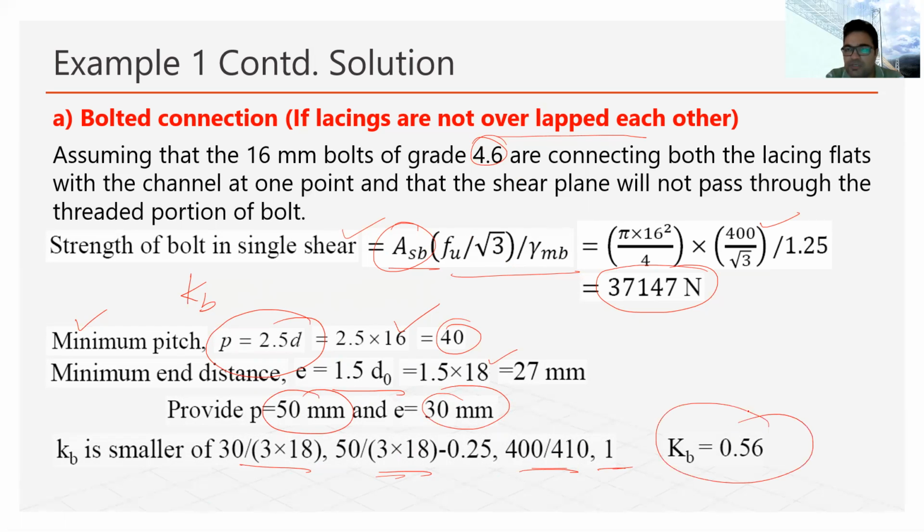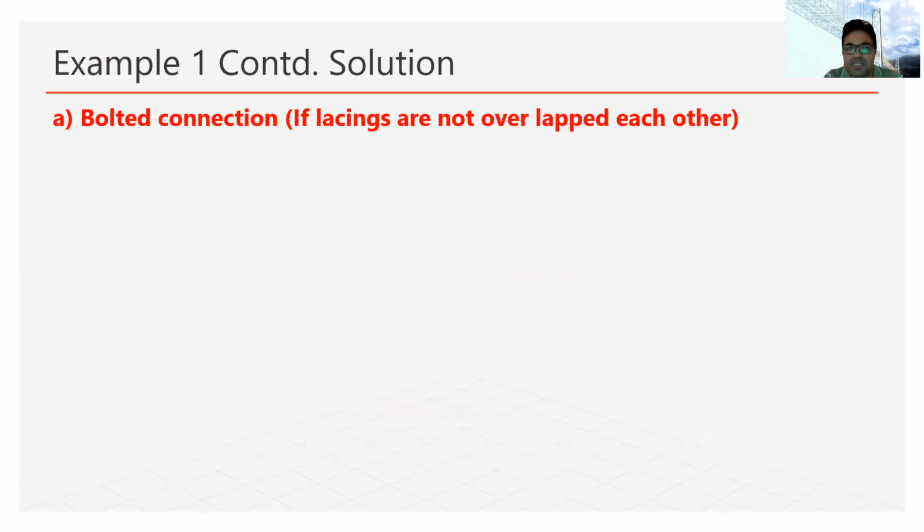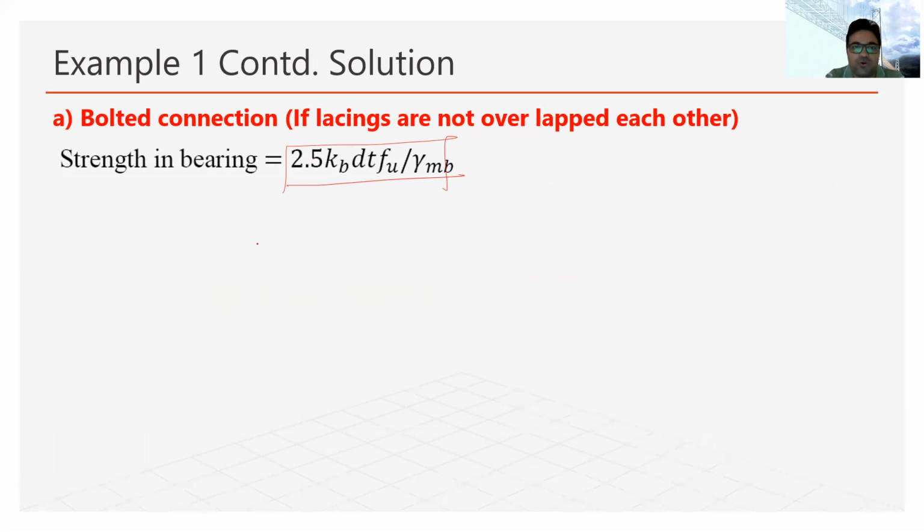Now we will use this value to calculate the bearing strength of the bolt, which can be calculated using this formula. Putting all the values here, we have to see which t value is to be taken, because the lacing bar thickness is 12. I'm again showing you the cross section.